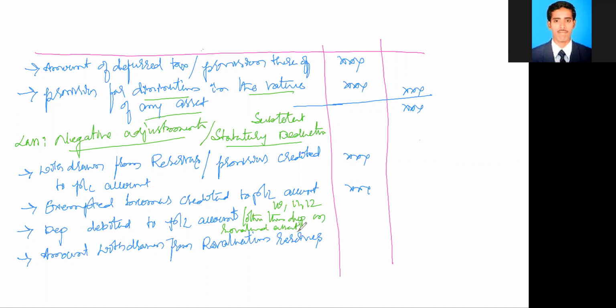Other than the revalued asset, if depreciation has been calculated on the revaluation of any asset, the depreciation may increase or decrease, it will be affected. Whatever that effect is, we need to consider that here as well. Next, amount withdrawn from revaluation reserves.